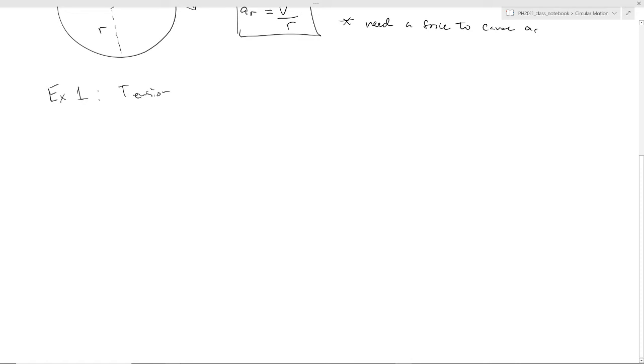So let me try and draw this. You have an object that's whipping around in a circle above your head at the end of a cord. So there's a velocity that's tangent to the circle.